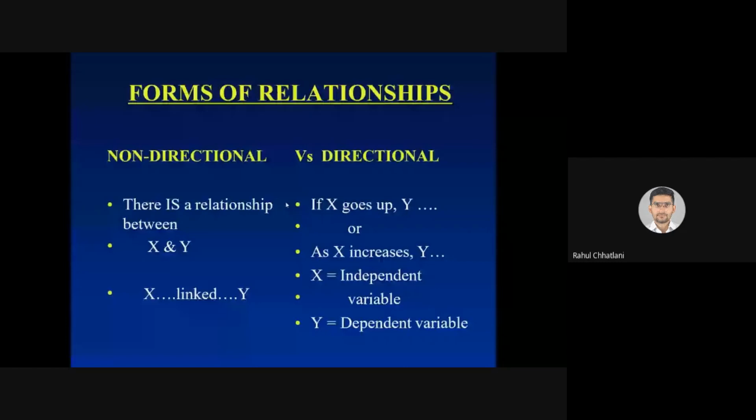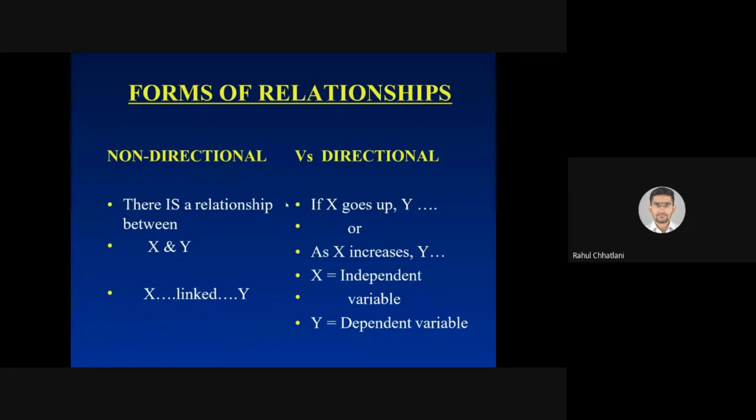But whenever we try to find correlation, for example if we give early mobilization, then early prognosis, better prognosis will be there. So that is directional, or correlating two factors.